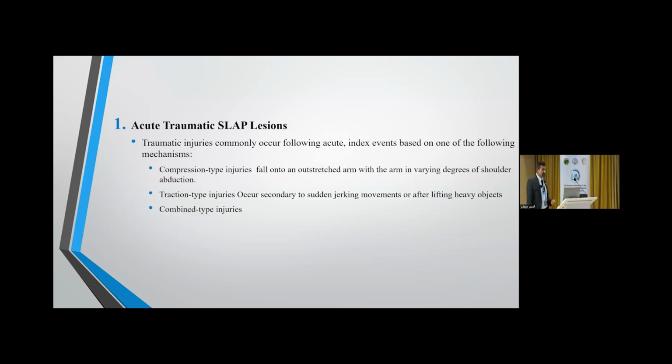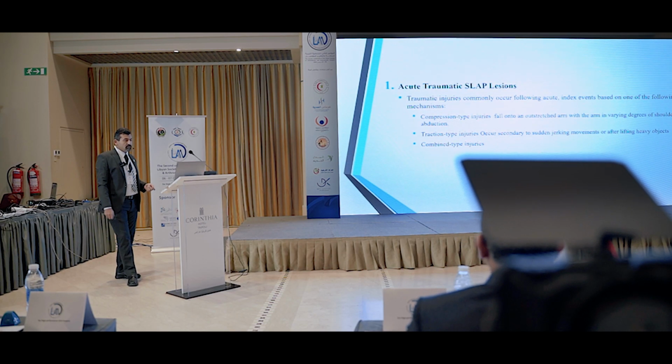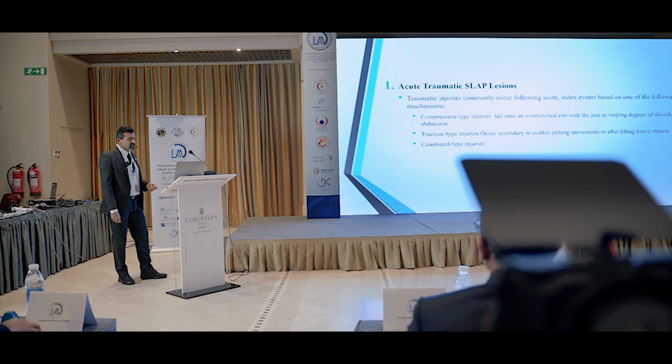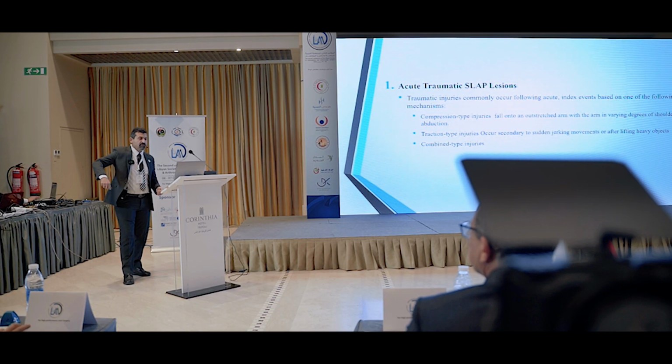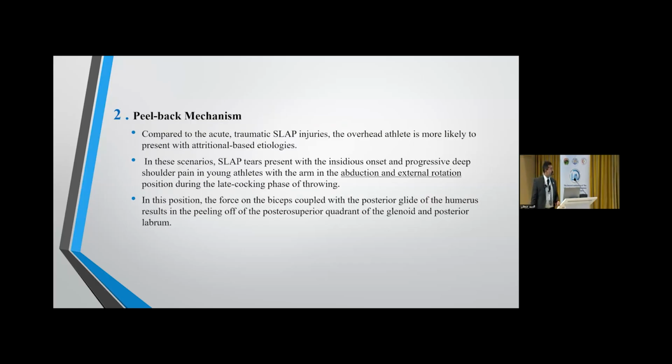The acute traumatic SLAP lesions occur in three forms: compression type injuries, which occur when the patient falls on an outstretched arm with varying degrees of shoulder abduction; a traction type injury, which occurs while lifting heavy objects; or a combined type injury between the compression and the traction type.